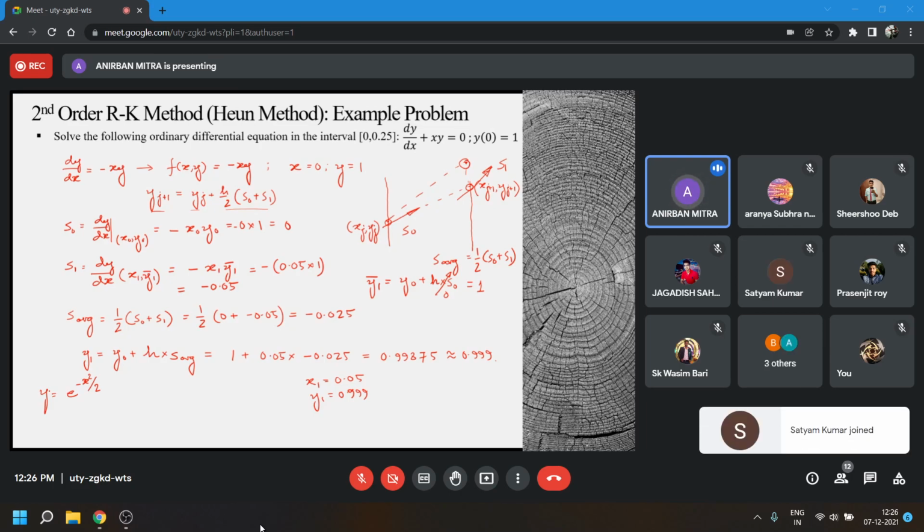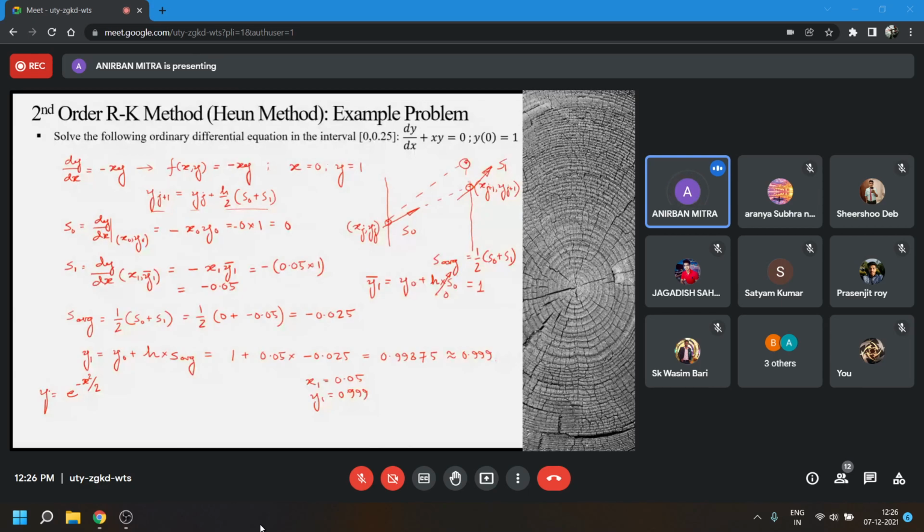If you think of it in terms of the Taylor series, it can be proved that its accuracy is based on fewer terms being neglected from the series. And it can be proven that the error in this RK2 method is of the order of h cube, whereas for the Euler method, it is in the order of h square. However, this mathematical analysis of the error we will not look at in the present class, and I leave that up to you to read from the book.